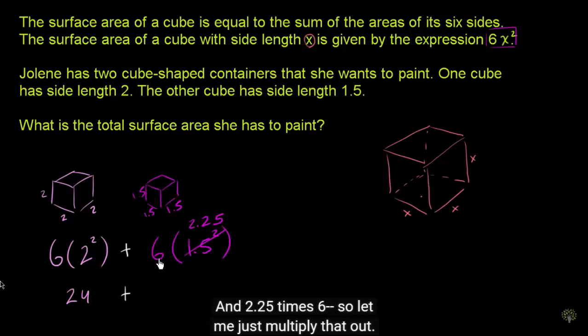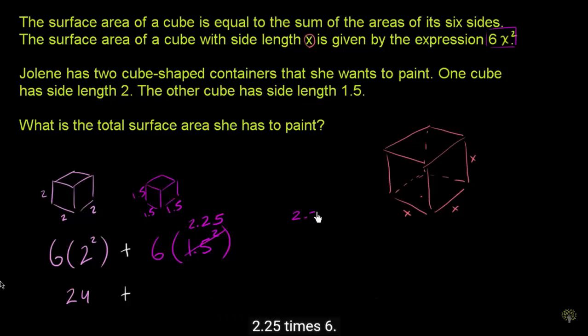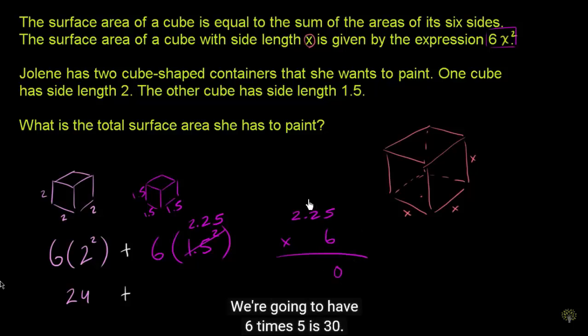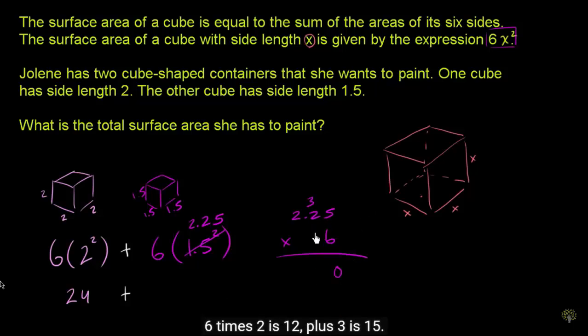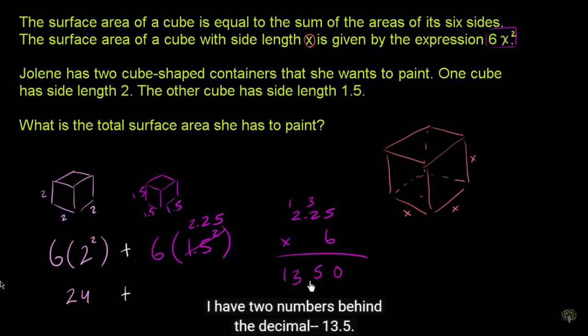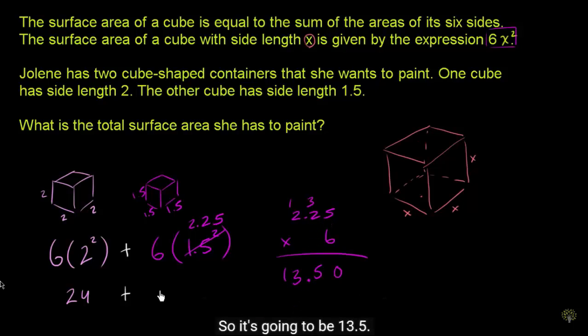And 2.25 times 6, let me just multiply that out. 6 times 5 is 30. 6 times 2 is 12, plus 3 is 15. 6 times 2 is 12, plus 1 is 13. I have 2 numbers behind the decimal, so it's 13.5.